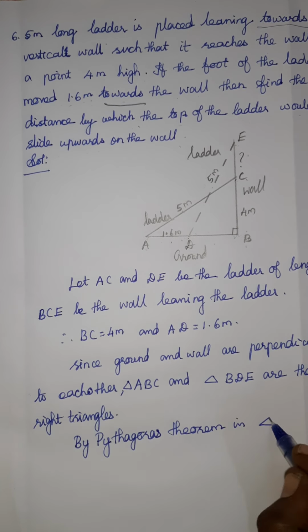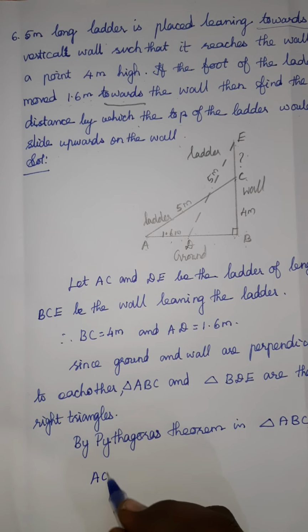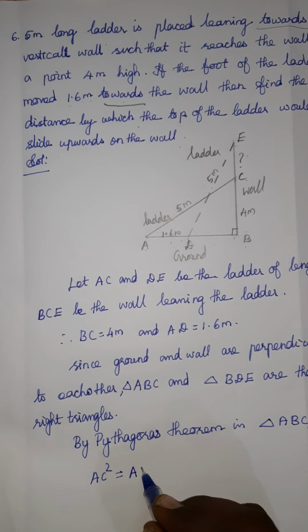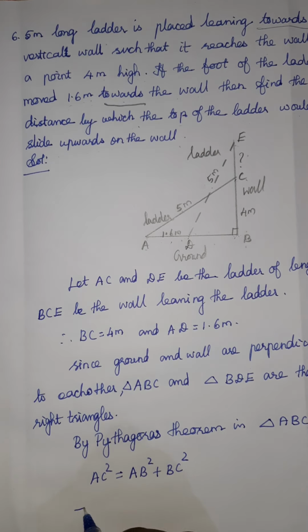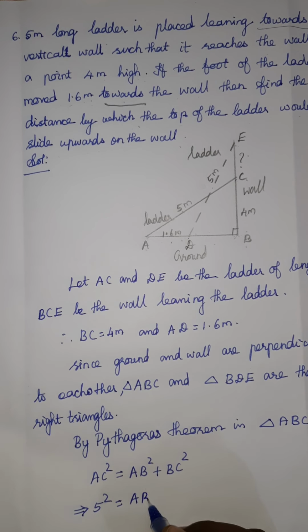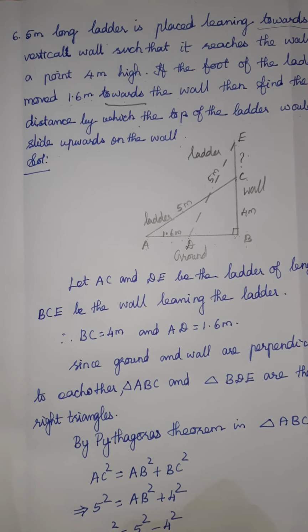in triangle ABC, AC square is equal to AB square plus BC square, which implies 5 square is equal to AB square plus 4 square, which implies AB square is equal to 5 square minus 4 square, that is 25 minus 16.